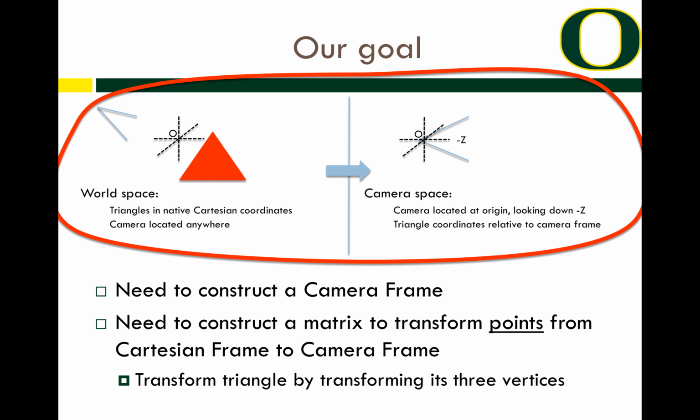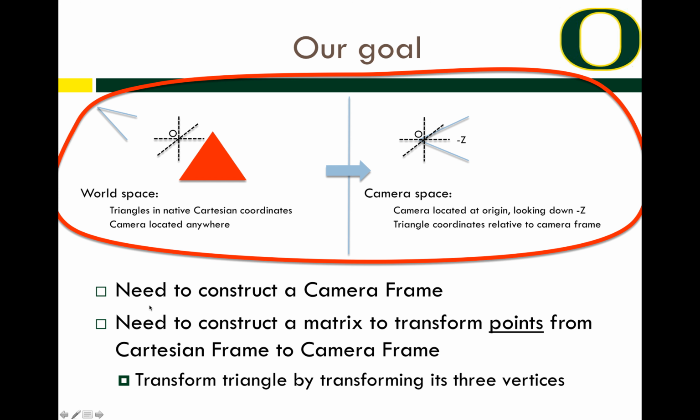And so those would be our world space triangles, and now we want to transform them into camera space, which is relative to a camera frame. And with camera space, the camera is at the origin, and the camera's orientation is looking down the z direction.